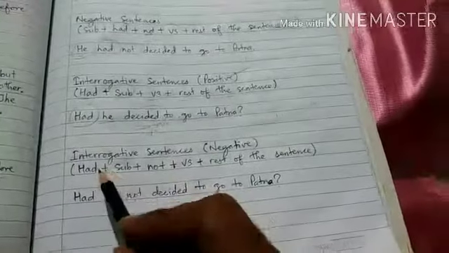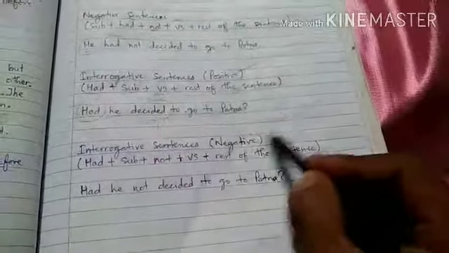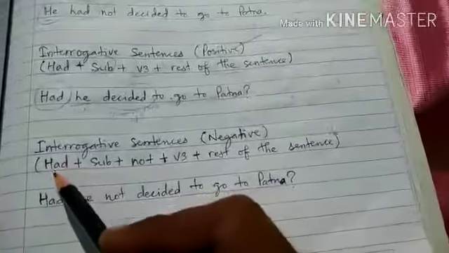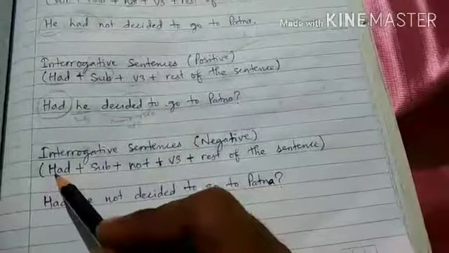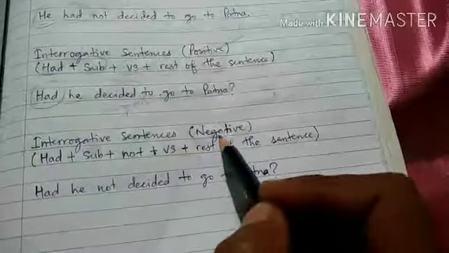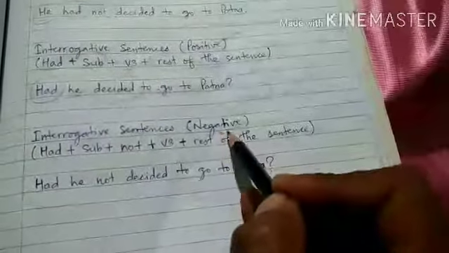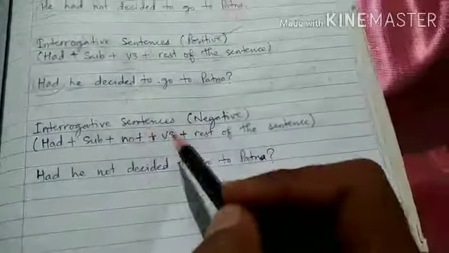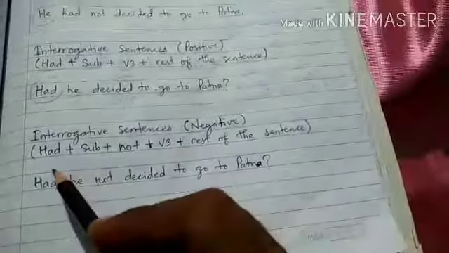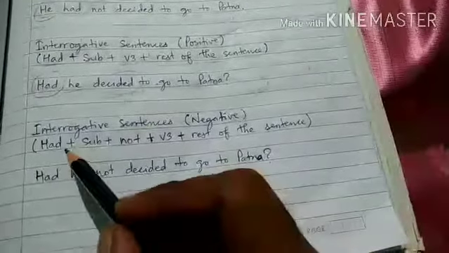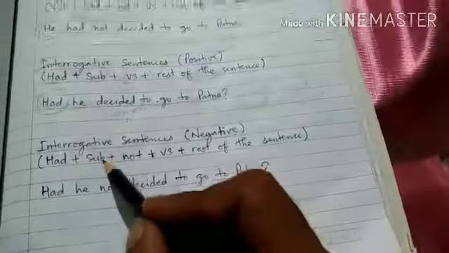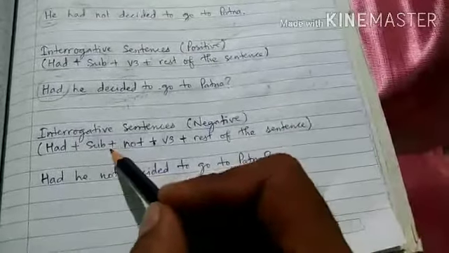Now, interrogative sentences in the negative form in the past perfect tense. Here also we have to understand that negative sentences means the sentences having no or not. So here also we will put not before the main verb, but after the subject. The same structure that is there in the positive interrogative sentence, but here we have to put not after the subject.